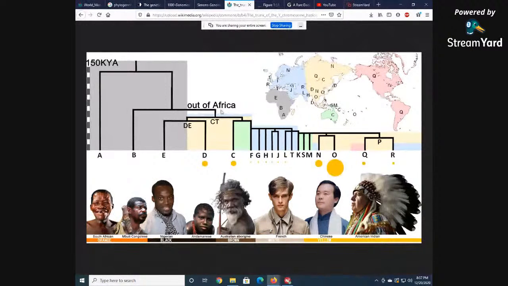And then with this out of Africa claim, you have the C, which is the Mongolians, but it's a whole huge population here, which began here in Mesopotamia, because that's where everyone started out from.